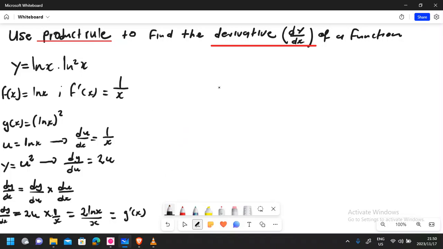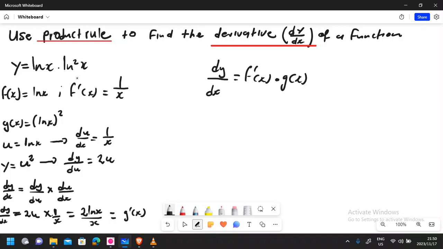Now the formula that I'm going to write here is the formula for the product rule. The formula for the product rule is dy over dx equals, pay attention to this, f of x prime, meaning the derivative of f of x. Remember, f of x is natural log x multiplied by g of x.